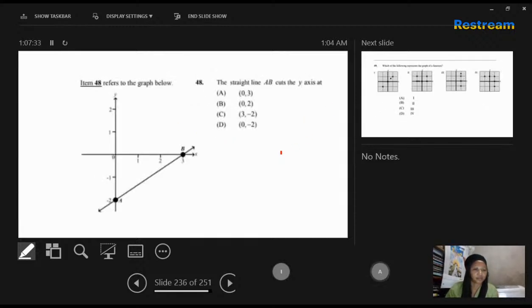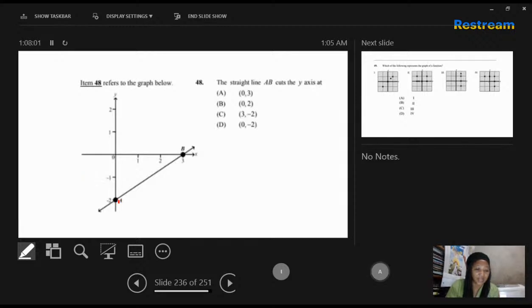Asar. Number 48. The straight line AB cuts the y-axis at. So this is the y-axis. So at what point is this, where it cuts the y-axis? I need to zoom out a bit.